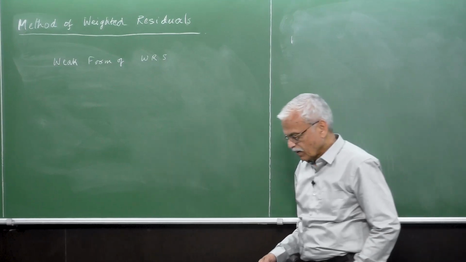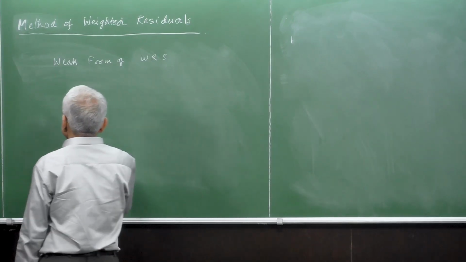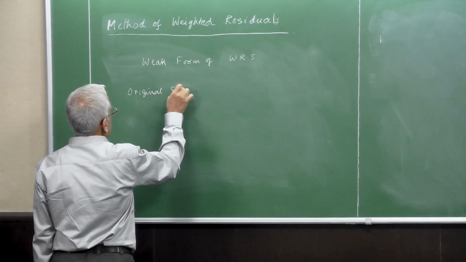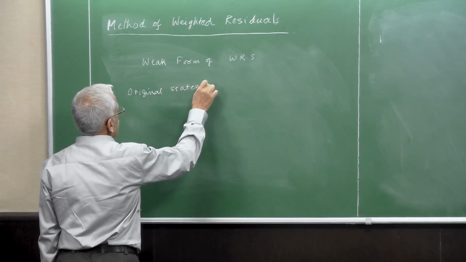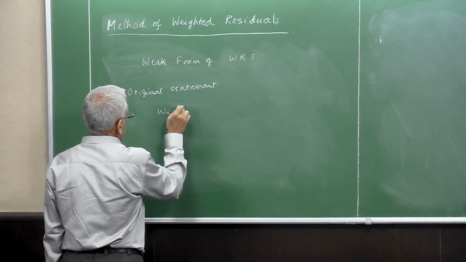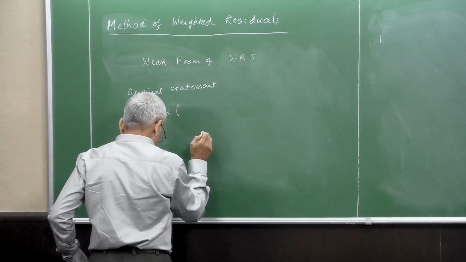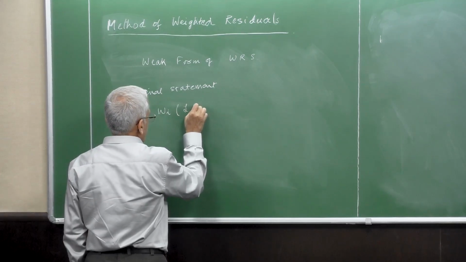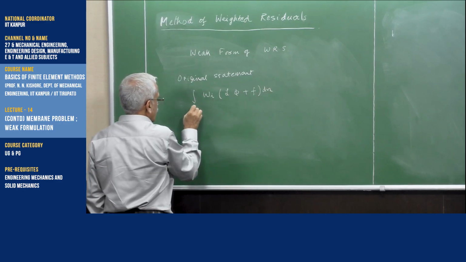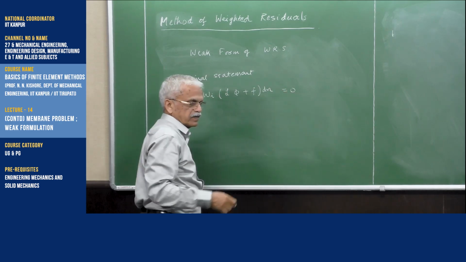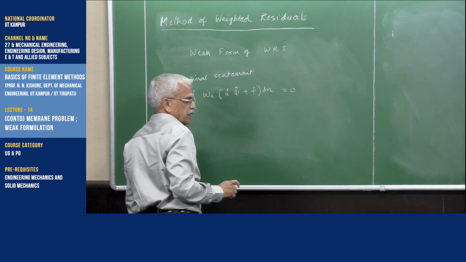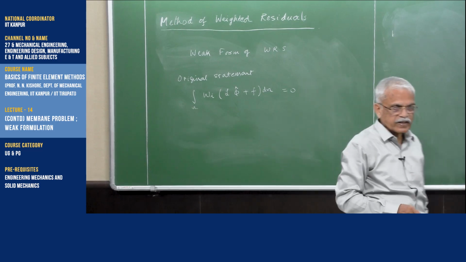Let's try to understand the original statement. If you recall, the method of weighted residuals is Wi into the residual. So this is the original statement, which of course presupposes that this phi hat, the approximation, satisfies the boundary condition.